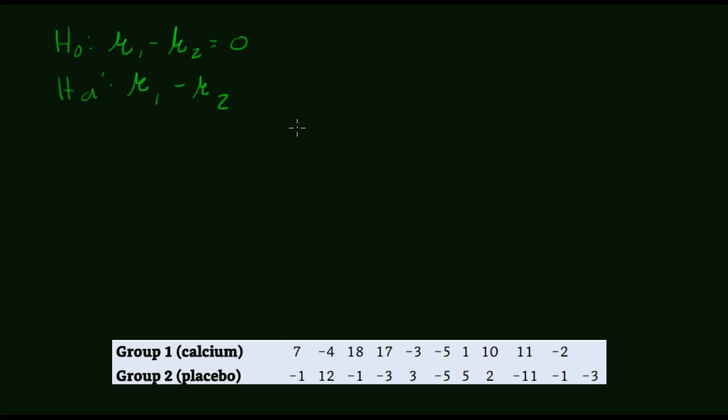What I would like to see is hopefully that calcium is lowering my blood pressure, so we'll say that the alternate is that it is less than 0, right? And we'll see what happens. Like, we'll see if calcium is actually lowering my blood pressure here. I have a sincere doubt that that's the case given this data, but let's go after it, right?